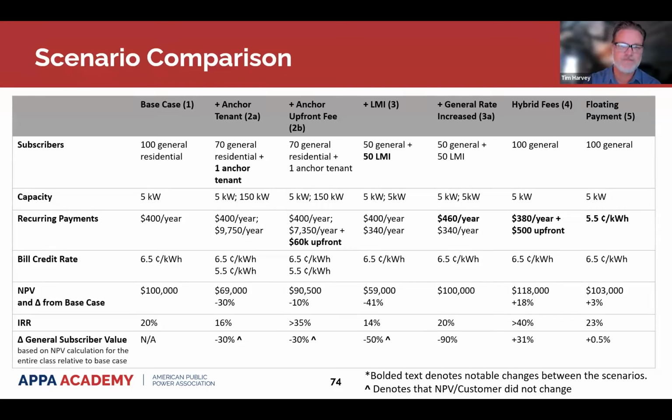Our subscriptions, we've been fully subscribed the whole time. We have a waiting list for market rate customers. The way our CAP program works, some CAP customers fall out of that program because they are no longer qualified for it or whatever. So then we reach out to more CAP customers and backfill that as needed. But we generally don't have a problem keeping our program fully subscribed.